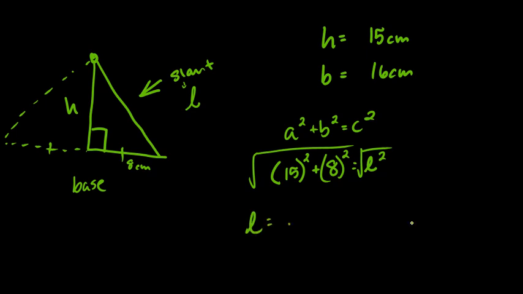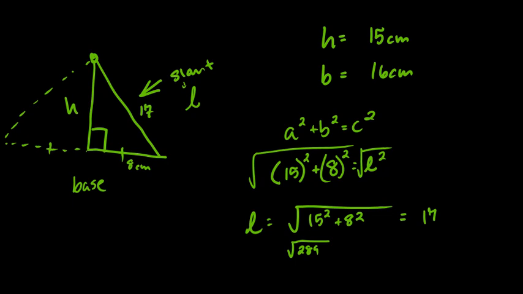So L should be the square root of 15 squared plus 8 squared, which actually comes out to a really, really nice number. And that comes out to 17. This turns into the square root of 289 if you multiply it out and add. So that means my slant height is 17.